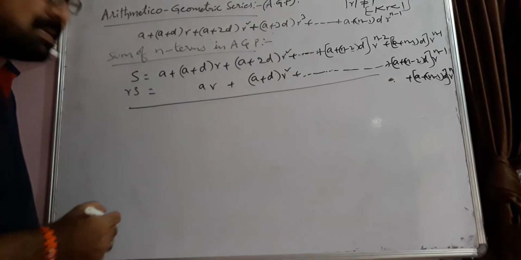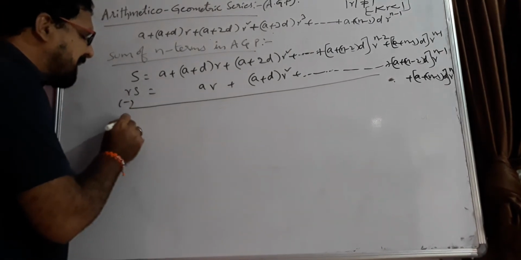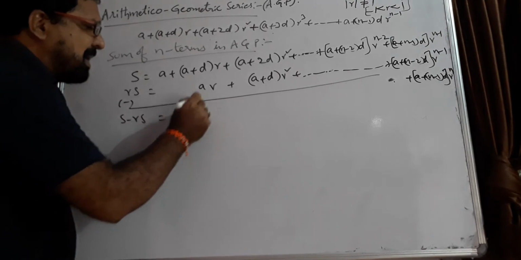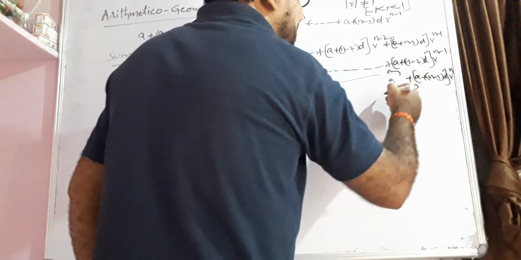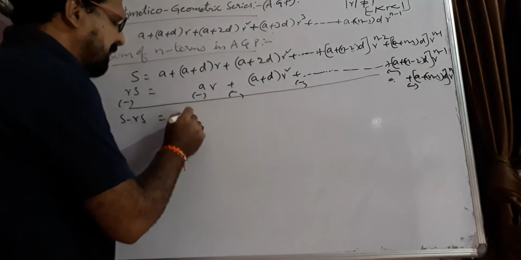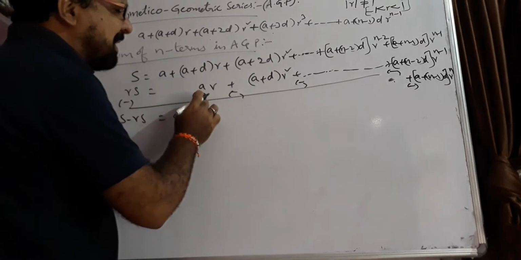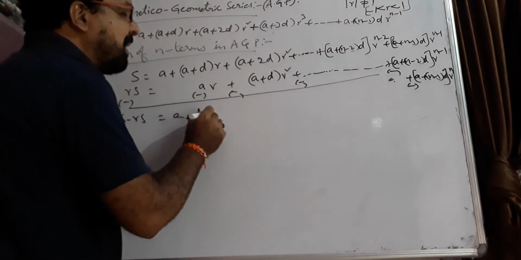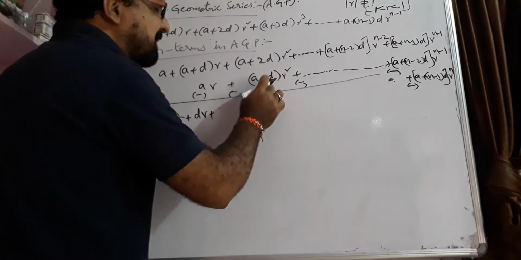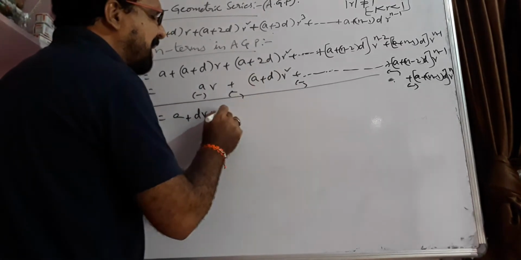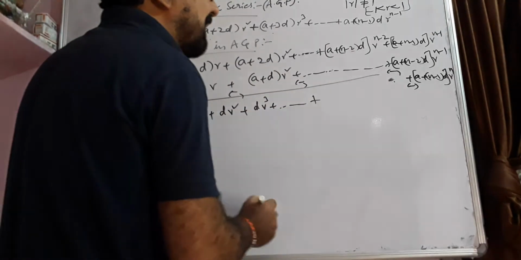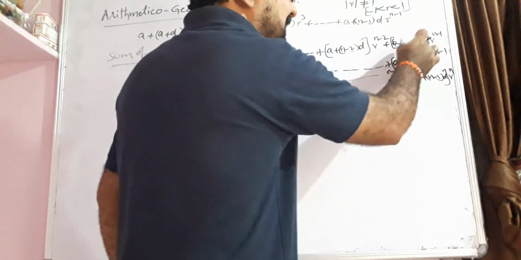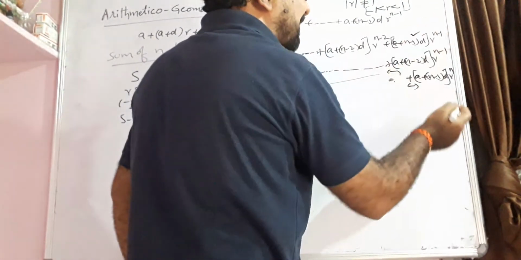Now these two are going to be subtracted. So s minus rs is equal to a, the symbols are going to be changed, minus, minus. So here a plus d into r minus a, nothing but minus a, minus a got it, dr plus a plus 2d minus of a plus d means dr square plus dr cube and so on, plus here what you are going to get, this one as well as this one.